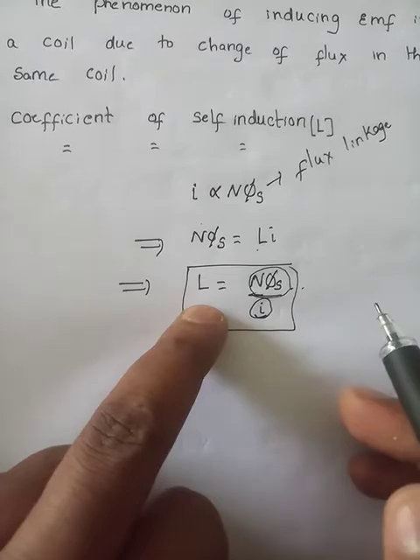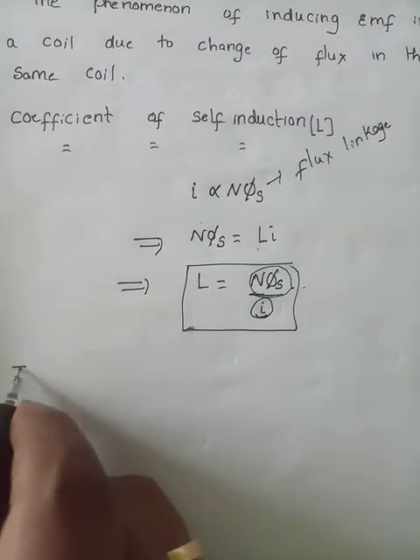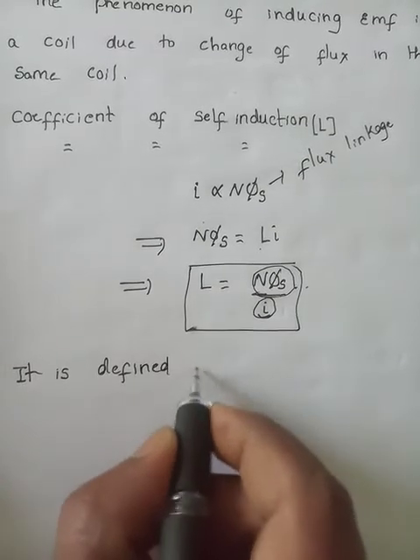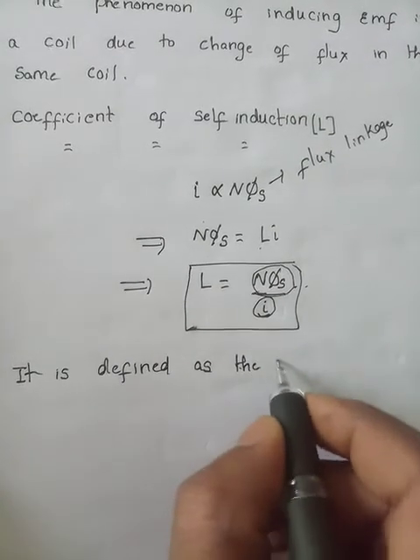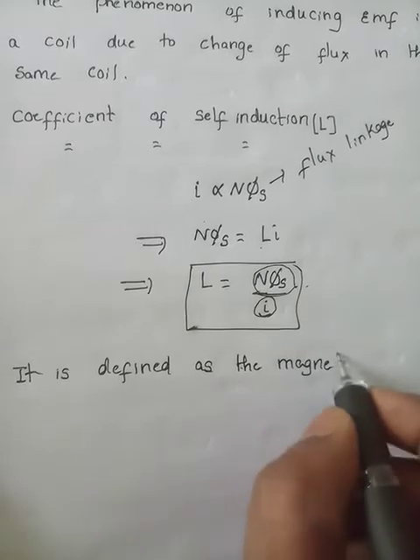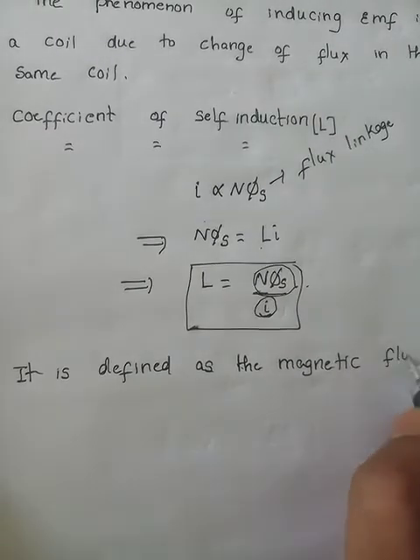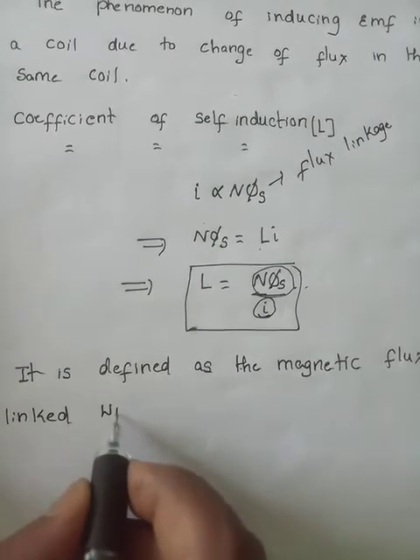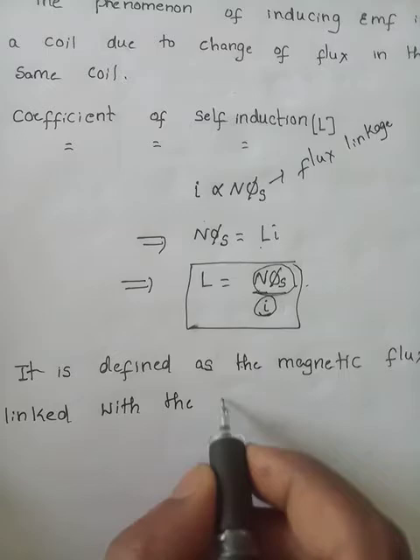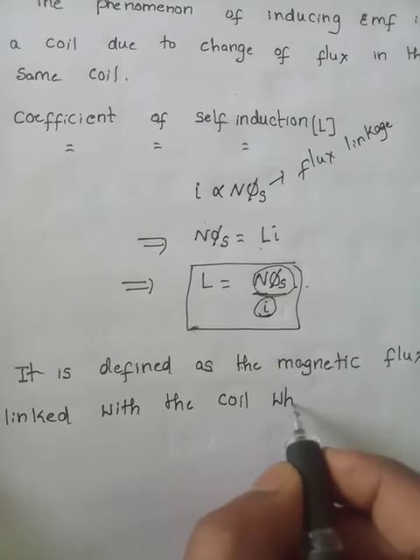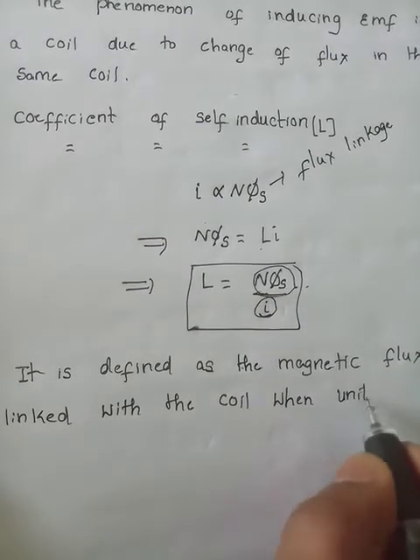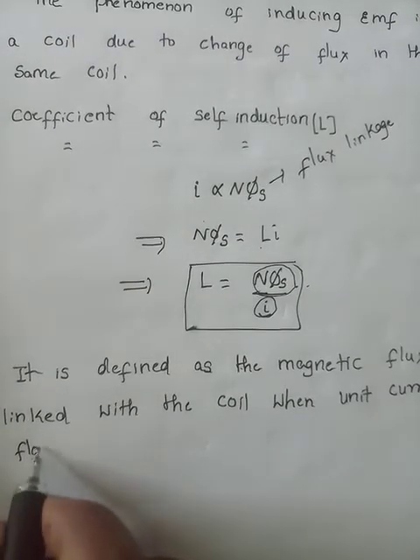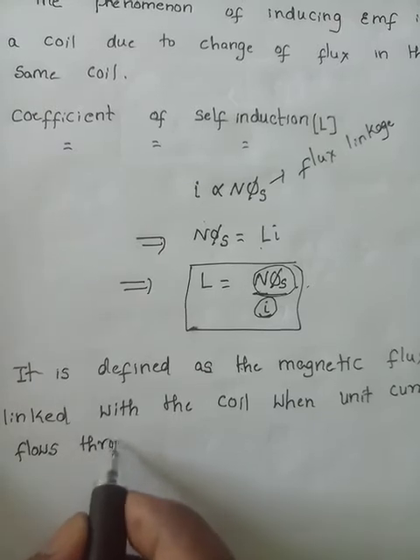So we can say it is defined as the magnetic flux linked with the coil when unit current flows through it.